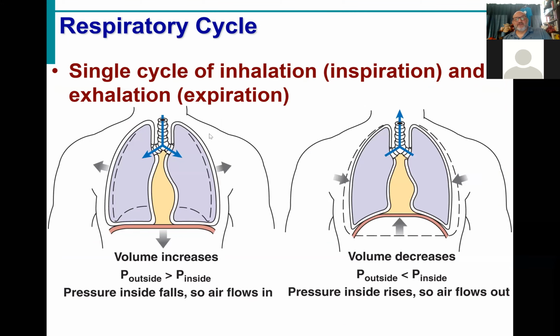When we increase the volume of the thoracic cavity, the pressure drops and air moves in. That's our inhalation. When we recoil those muscles or contract other muscles, the thoracic cavity gets smaller, volume goes down, pressure goes up, and the air moves out.